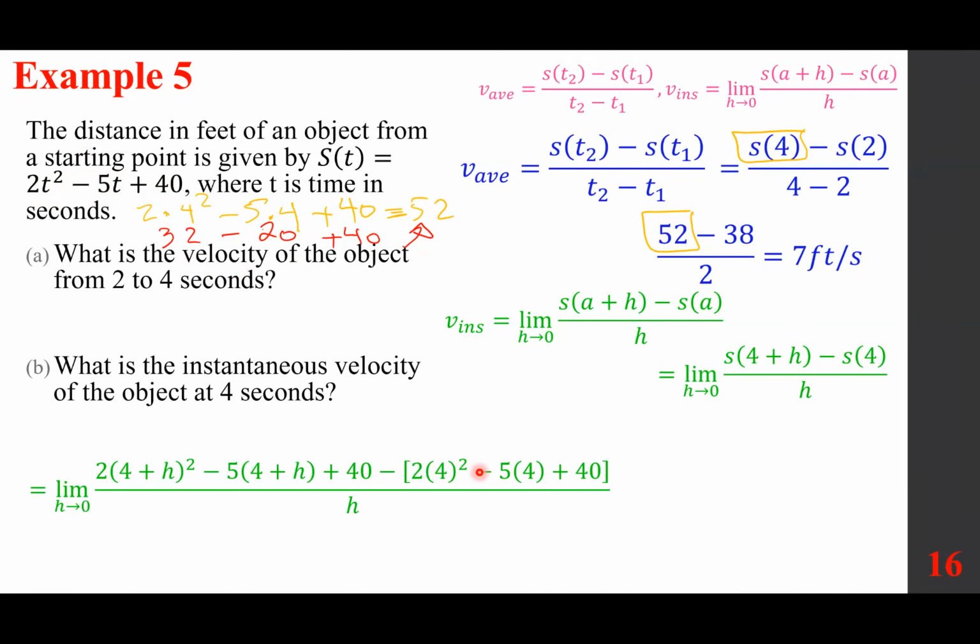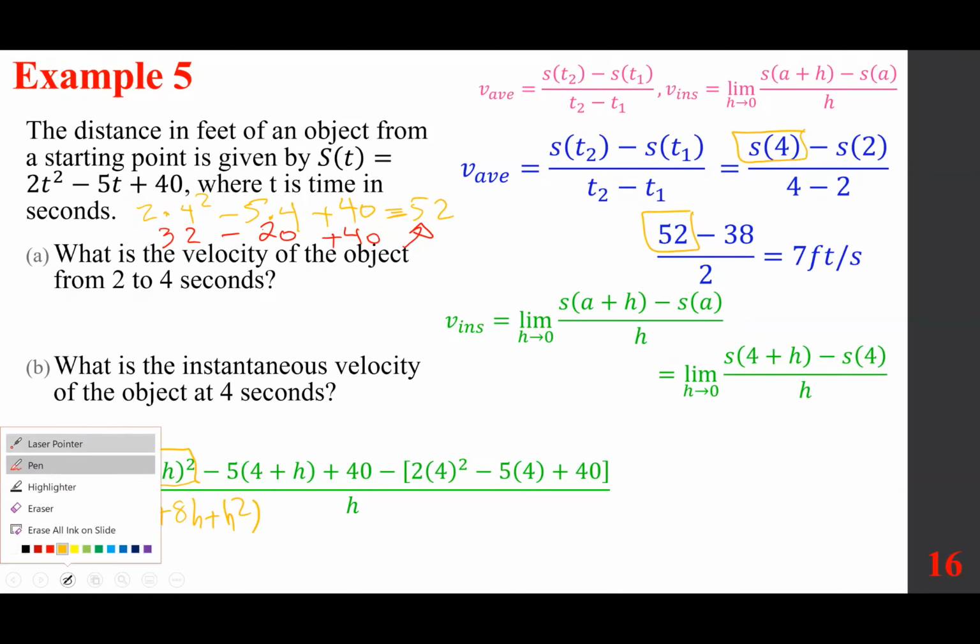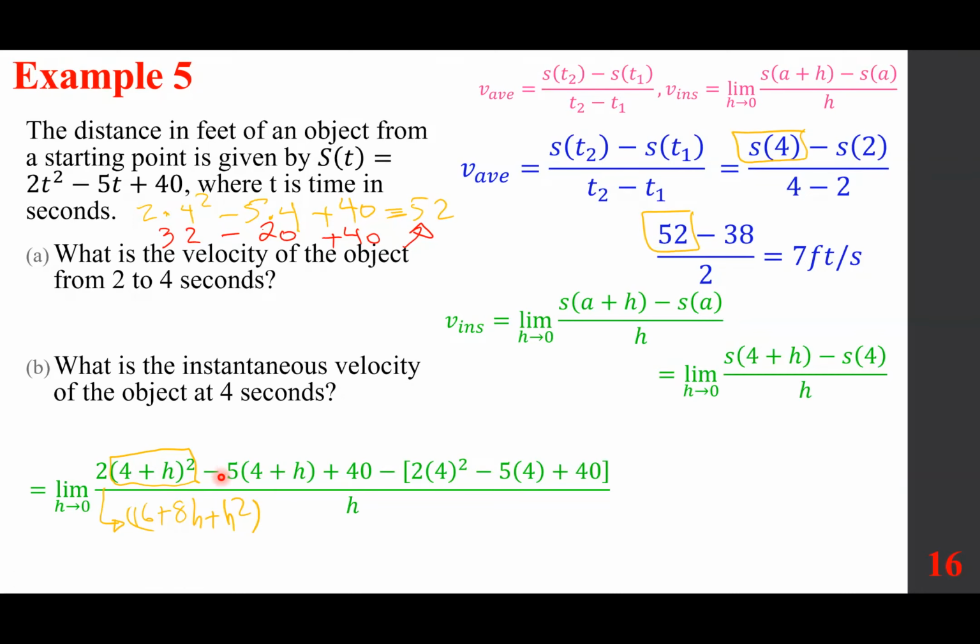First and foremost, this part is 4 squared is 16, plus 2 times 4 times h is 8h, plus h squared, and we are going to multiply by 2, which gives us 32, plus 16h, plus 2h squared. So we multiply by 2. Minus 20, minus 5h, plus 40, minus, this one we already know the answer is 52.